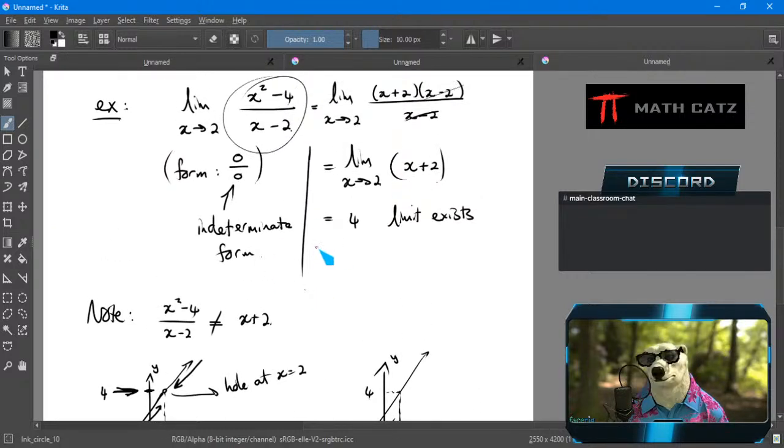Okay. But it's not as bad as you might think because right away the form 0 over 0 told me to go look at the function and see what I can do. And in this case, if it's a rational function, factoring is what I'm going to do to try and see what kind of problem this bottom x minus 2 is really presenting. It's not really a big problem.